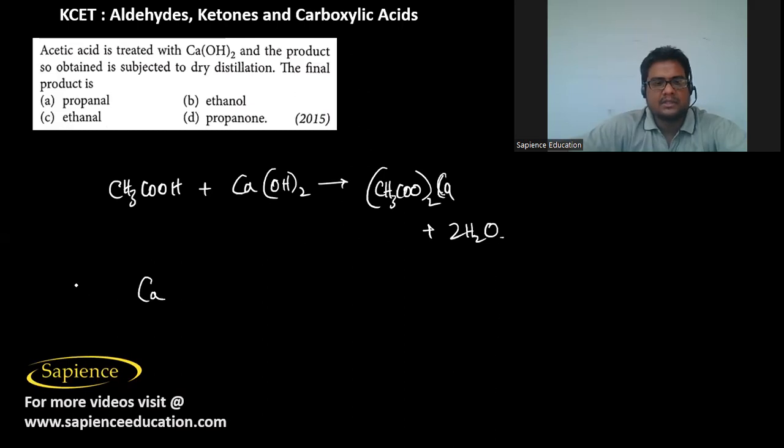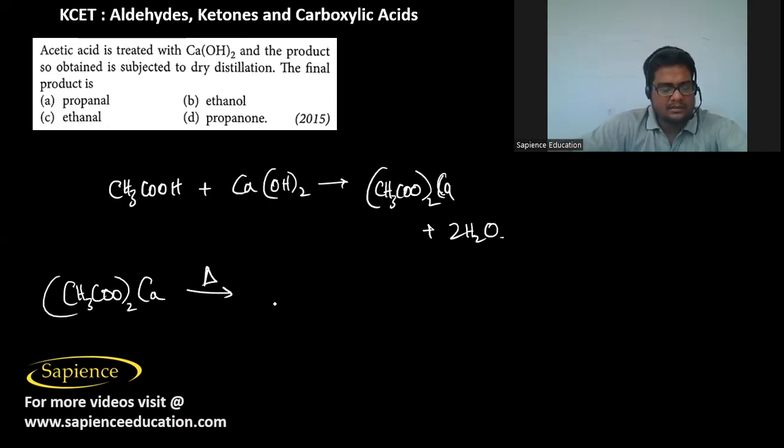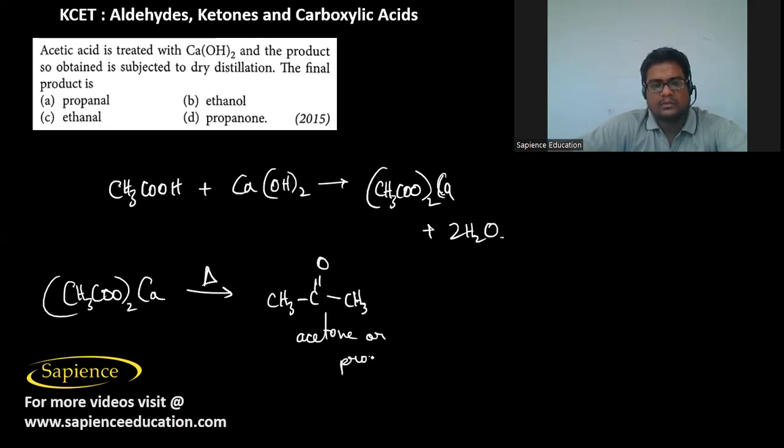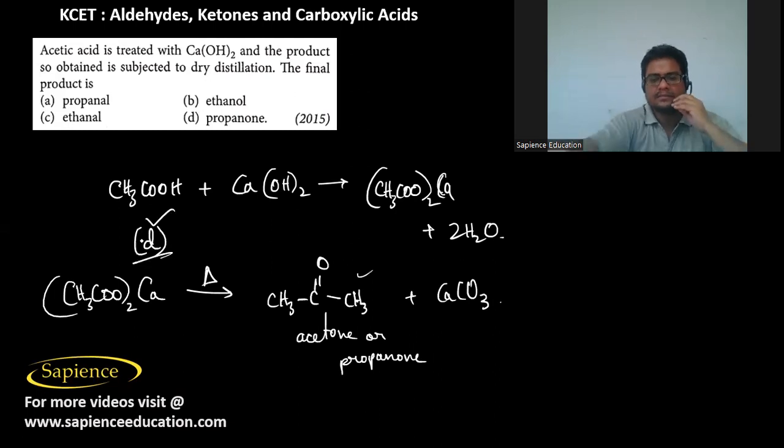When the calcium acetate is subjected to dry distillation, which means it is heated, it will form CH3COCH3, which is called acetone or propanone, and CaCO3, calcium carbonate. So propanone will be formed.